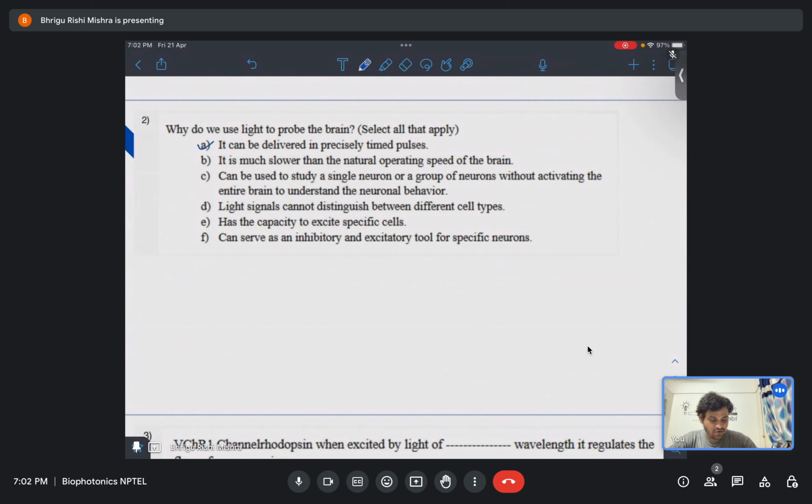This is a very important point, because in optogenetics we can study a single neuron without affecting the neighboring neurons, and that is why optogenetics is a very important technique, because in other techniques, for example electrical stimulation, we cannot do this.